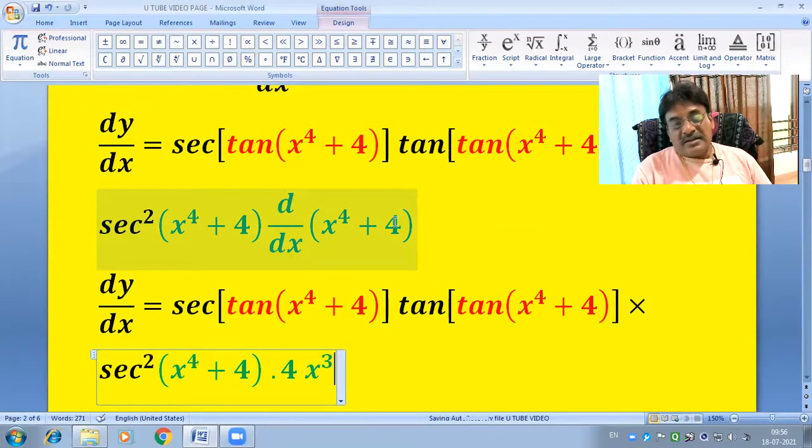And we know the standard formula d/dx of k is 0, where k is a constant. Similarly, 4 is a constant, therefore its derivative is 0.